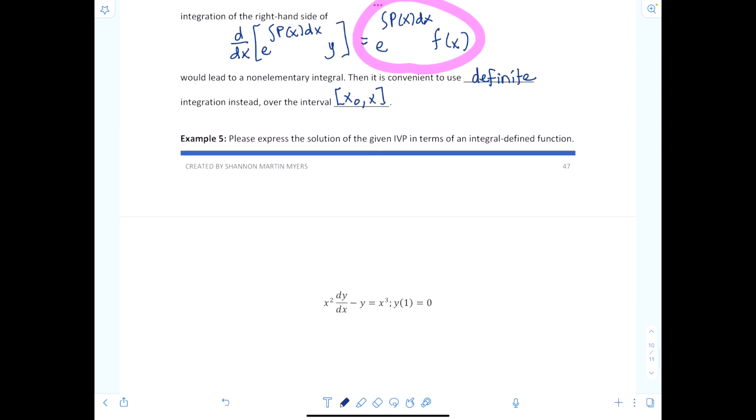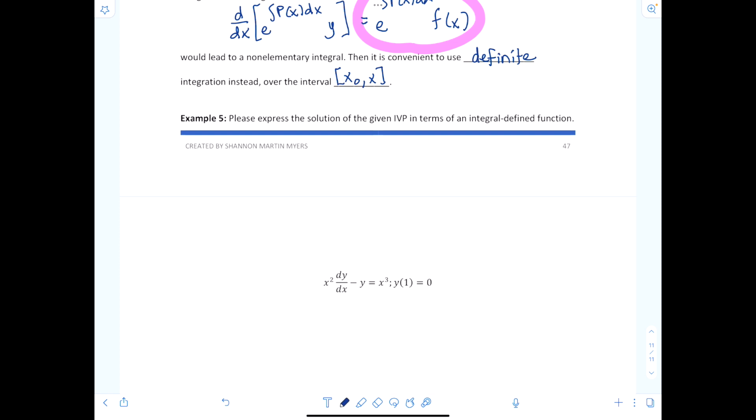We've got x squared dy dx minus y equals x cubed, y at 1 is 0. So rewriting, we'll have dy dx minus y over x, actually, I'll write it like this.